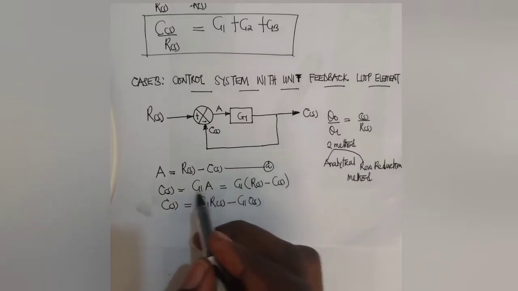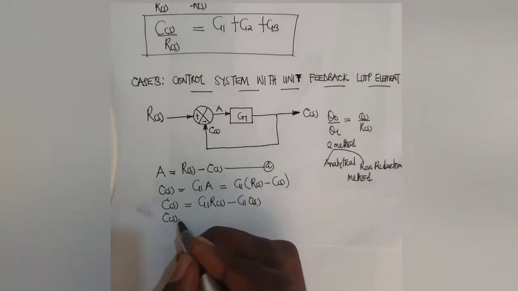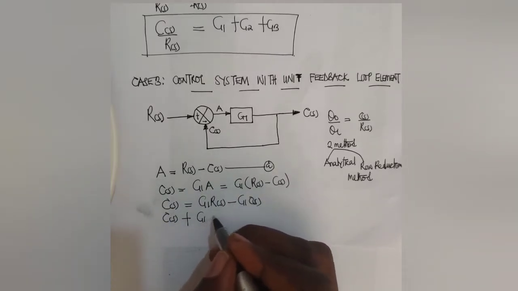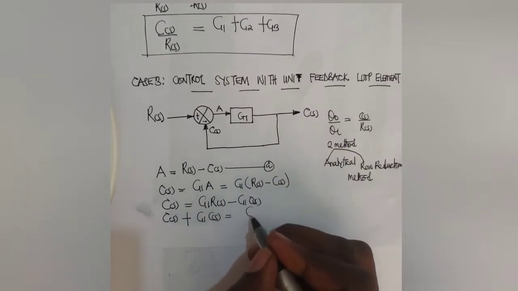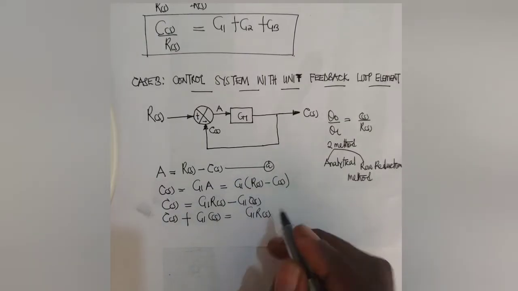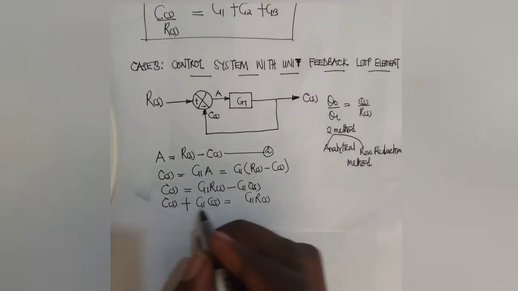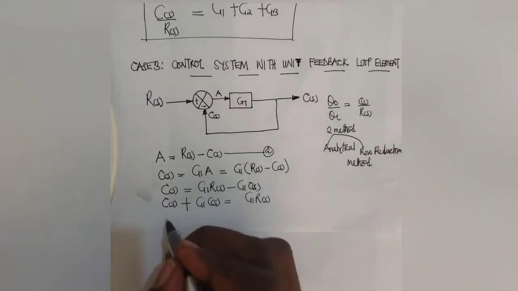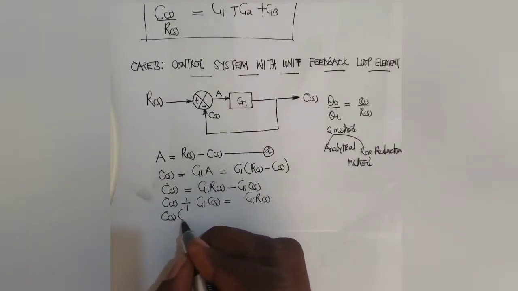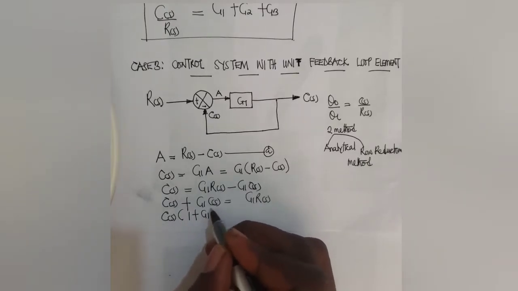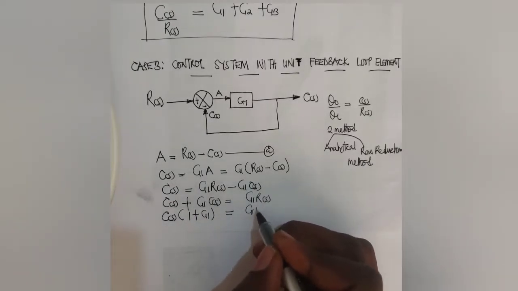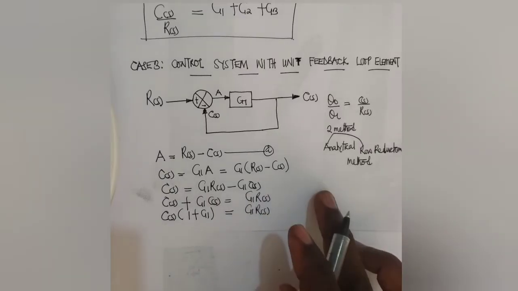So you collect similar terms. If minus G1 CS comes here, I'm going to have CS plus G1 CS equal to G1 RS. And when you factorize out, I will have CS into bracket 1 plus G1 equal to G1 RS.